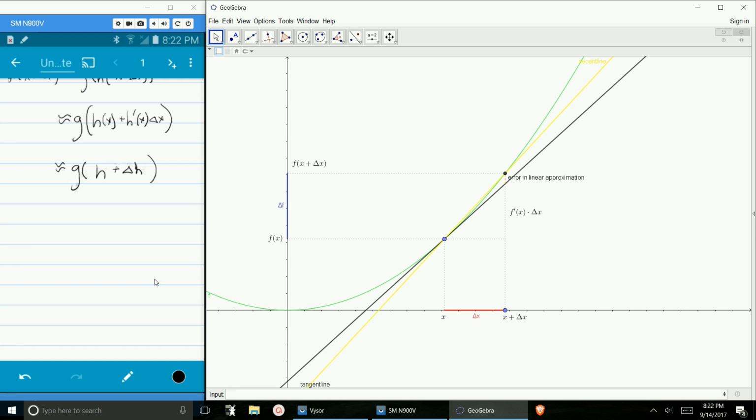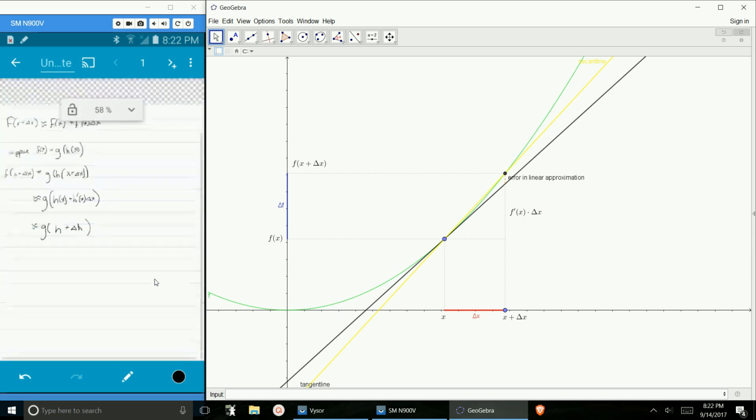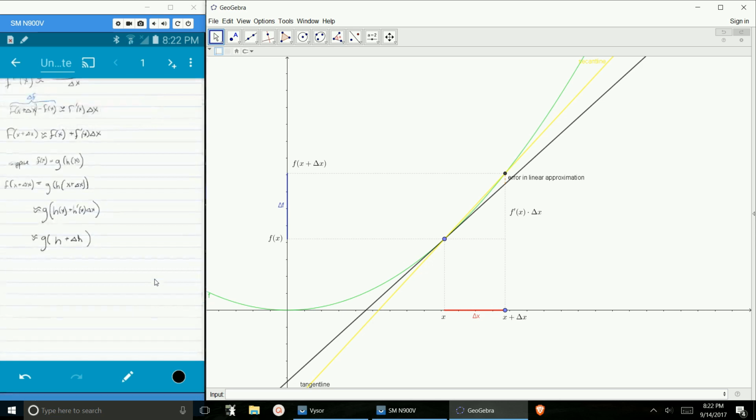What is going on in here? So instead of doing an f of x plus delta x, we're doing a g of h plus delta h now. Aren't we?